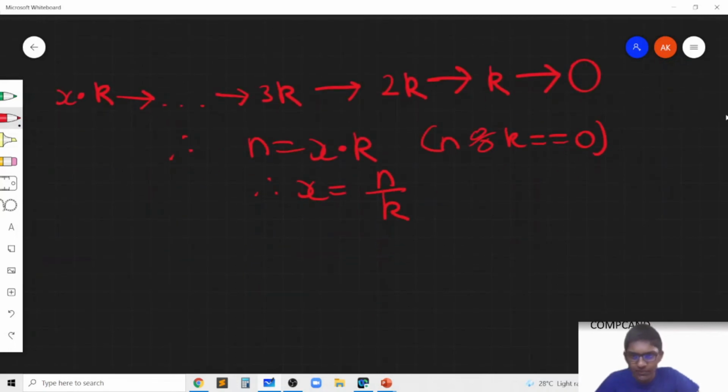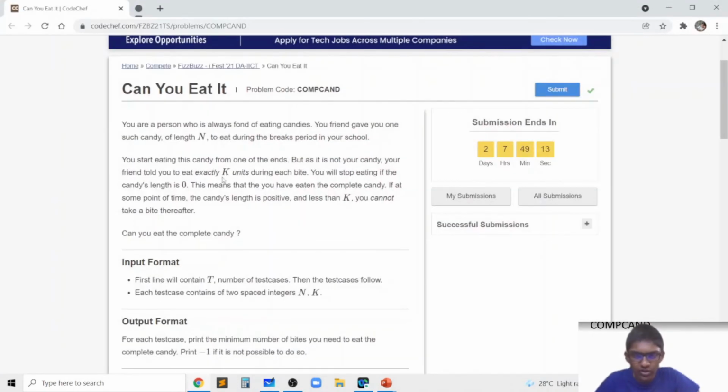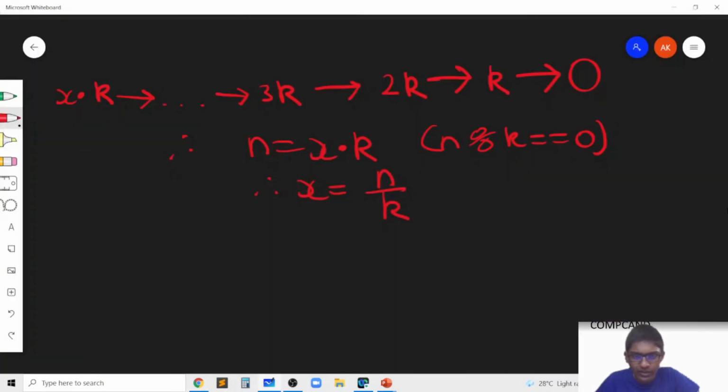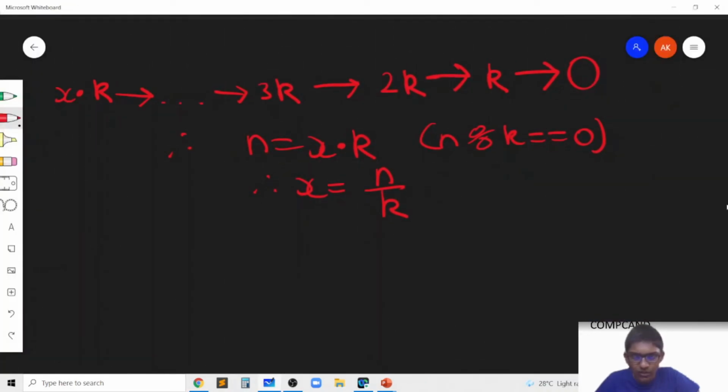Now the second observation is the number of steps. So we know that the length of the candy should be divisible by k, and now let's find the number of steps. Again you can see a pattern. We had one arrow sign when x is 1. When x is 2, there are two arrow signs.